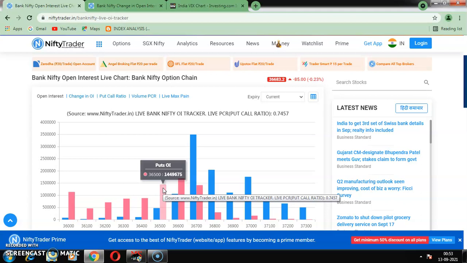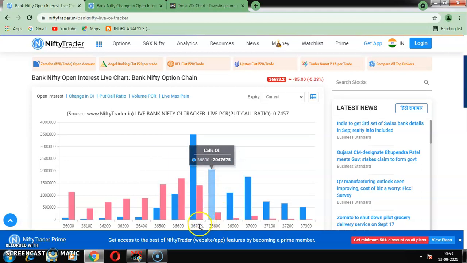So by this expiry, the resistance would be 36,700 to 36,800, at most 37,000. The range would be 37,000 to 36,500, with upside at 37,000 and downside around 36,500.